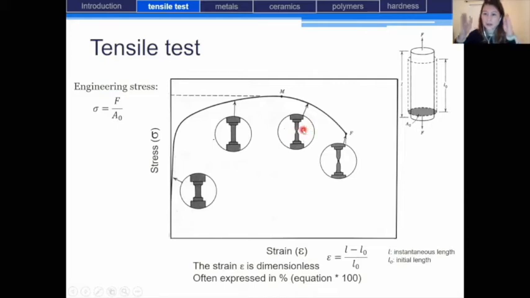So there is a constriction where the diameter is reduced at a specific place on the specimen. And we are going to describe what information we can get from these results and what is happening in the material and in the different kinds of material when we perform this test and at the different points of the curve.